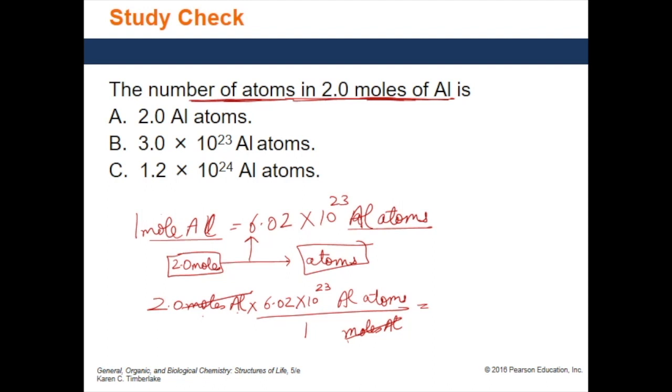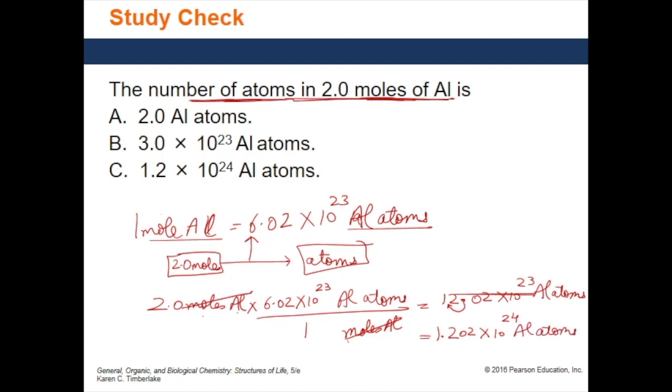Now if you plug this value into your calculator, that would give you 12.02 times 10 raised to power 23 aluminum atoms, which can also be written as, I need to shift this decimal by 1 place, so that would make it 1.202 times 10 raised to power 24 aluminum atoms.